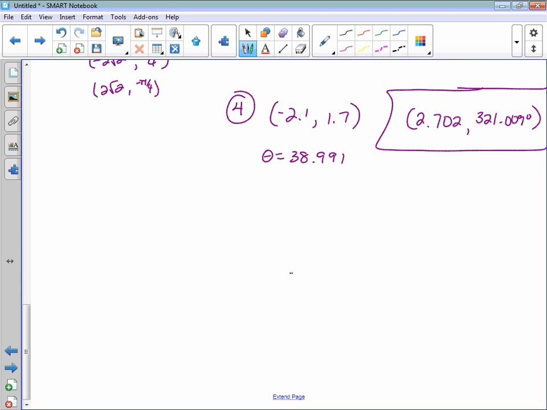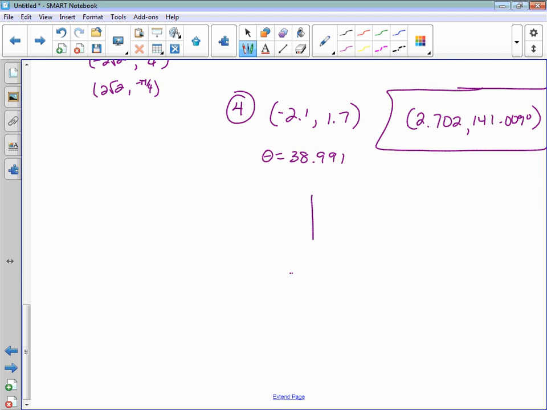No, second quadrant, let's see, sorry. It's what I started writing it as, and then I didn't. So how about 141.009? Not 120. What are you getting as your theta?